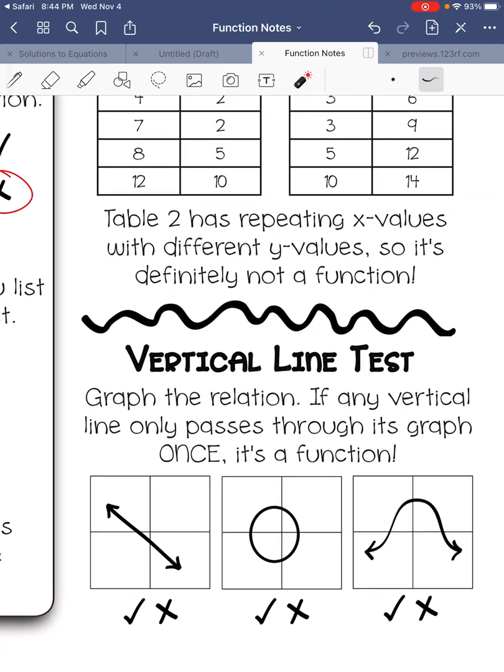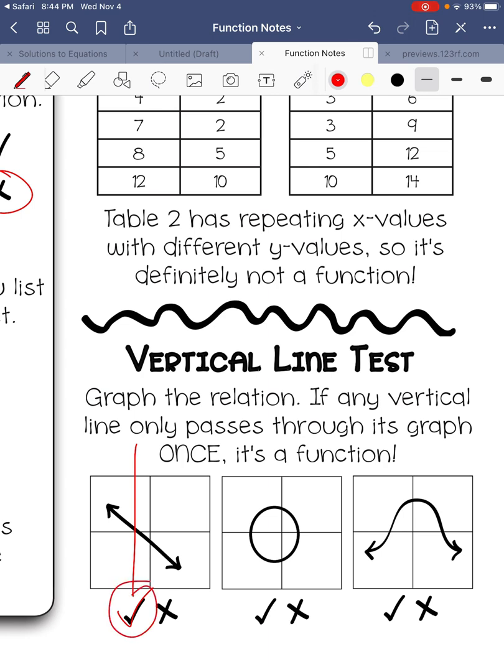One other thing, we're going to spend some more time talking about this. I'll introduce this to you now, though. This is called a vertical line test. This is when we're looking at a graph, and we ask ourselves, is there anywhere I can draw a vertical line through my picture? If I can do that and my red line only touches that black line in one place, then it's a function.